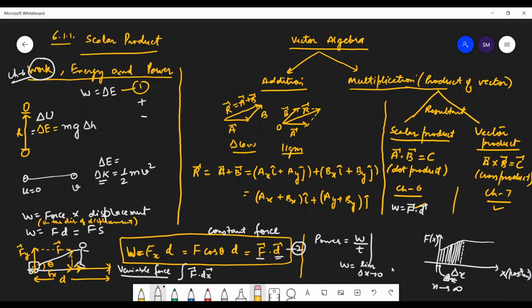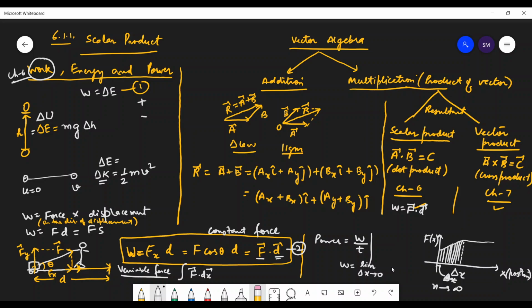If I am using the integration sign, this thing will change to this symbol of integration. This means the sum of all these, and delta will change to d.